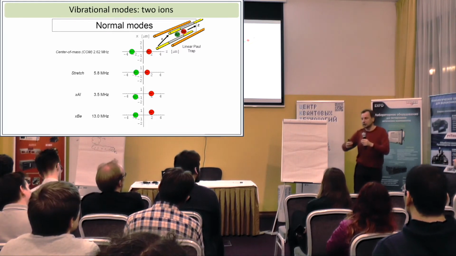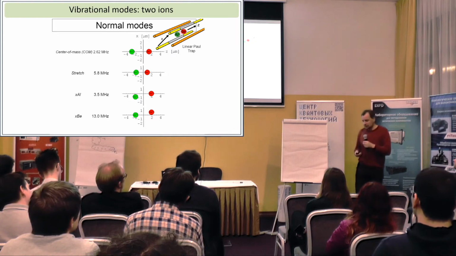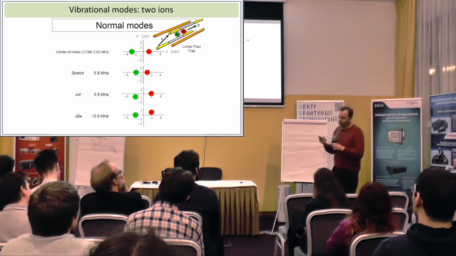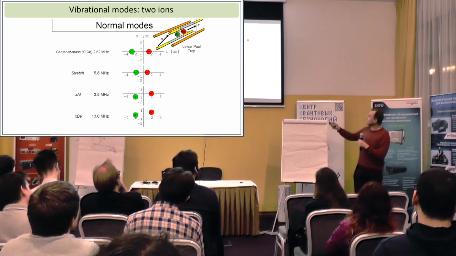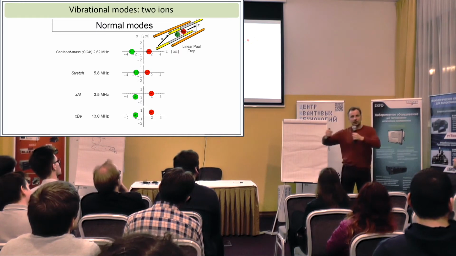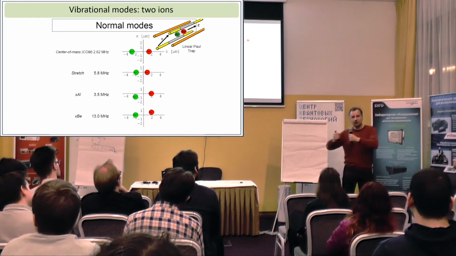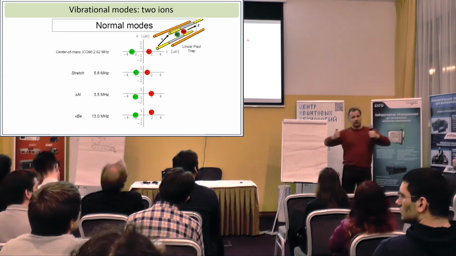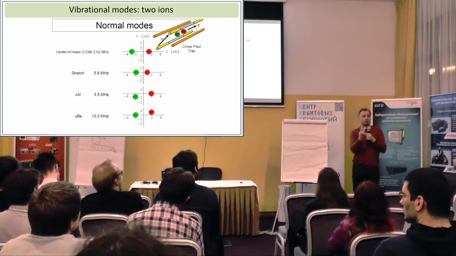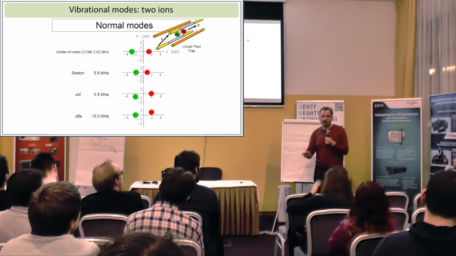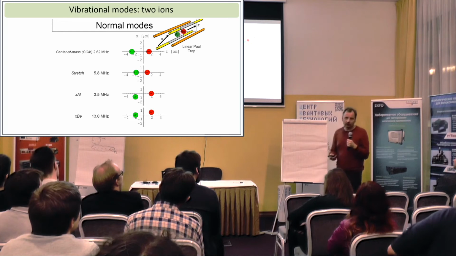Of course, for 2 ions it's very straightforward because you have either the center of mass mode, where the 2 ions move that way in the potential, or the stretch mode where they are moving that way. So there are only 2 modes. If we go to 3 ions, we have 3 modes, 5 ions, 5 modes, 100 ions, it's 100 modes.